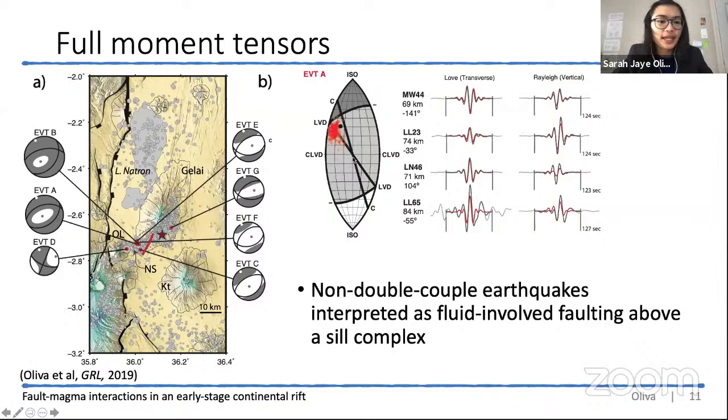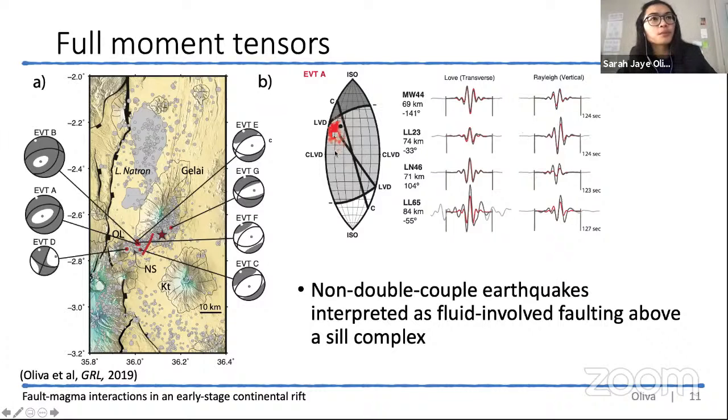And you can see that event A, which is here, if we plot several acceptable solutions, we'll find that they're consistently non-double couple.